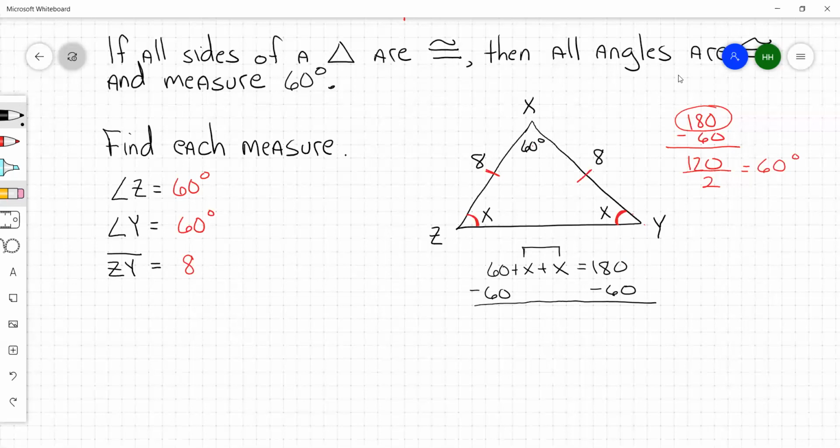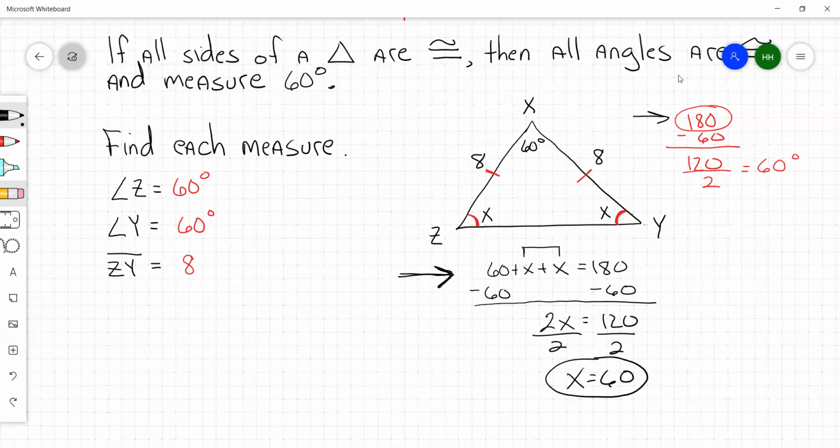And look what we would get: 2x equals 120. And we would divide both sides by 2, and x would be equal to 60. So this is the algebraic way to do it, and the way up here is the shortcut way to do it. All right. Make more sense? Yeah. Good. Thank you. You're welcome.